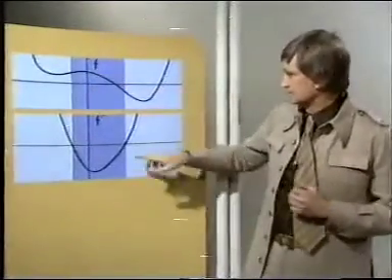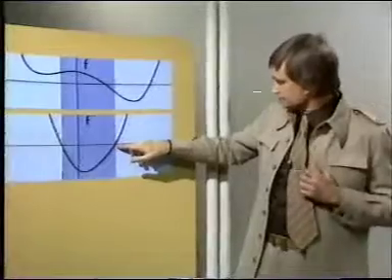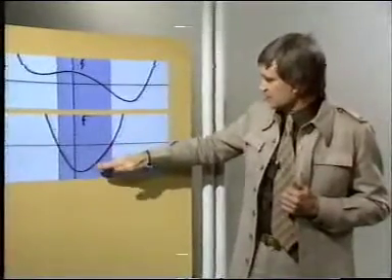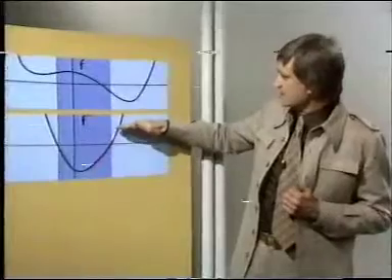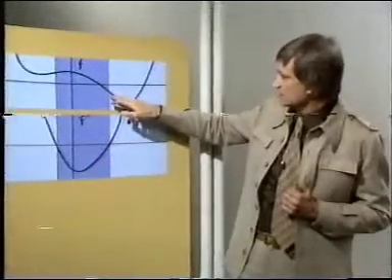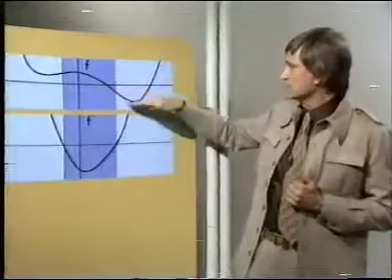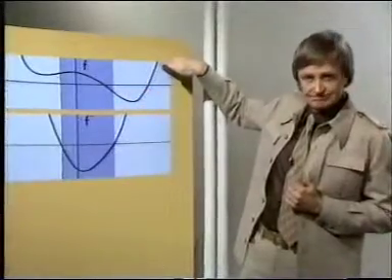So the graph is concave downward. Here, where the second derivative is 0, because the second derivative is changing from negative to positive, we have a point of inflection where the graph of the function changes from concave downward to concave upward. And that's it.